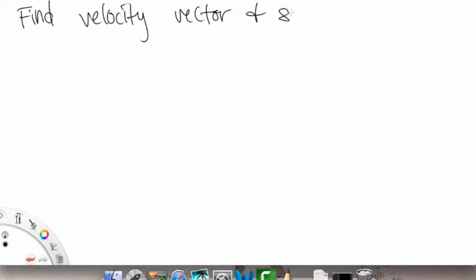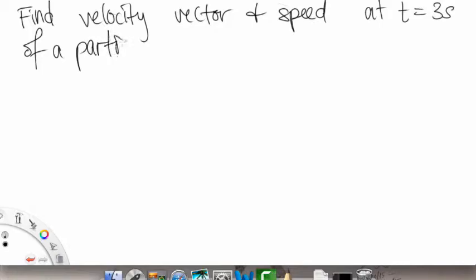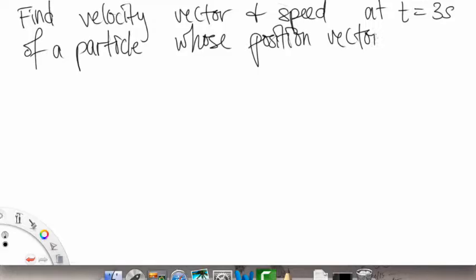So now, let's do an example of finding the velocity vector and the speed at t equals 3 seconds of a particle that's moving, whose position vector is the following formula.